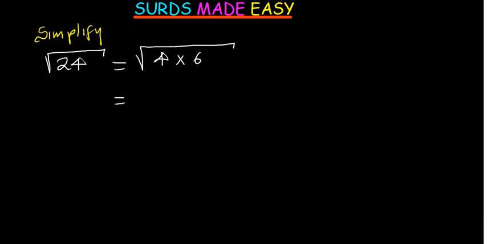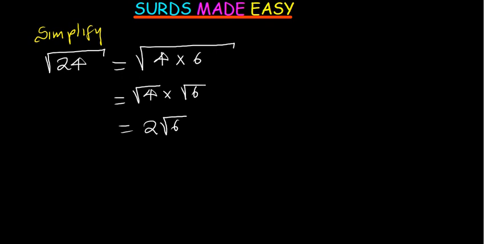When you have a product of numbers inside the root, I can say the root of 4 times the root of 6. The root of 4, we know, is 2. So that is going to be 2 square root of 6. This is the simplest form. That is how we simplify surds.